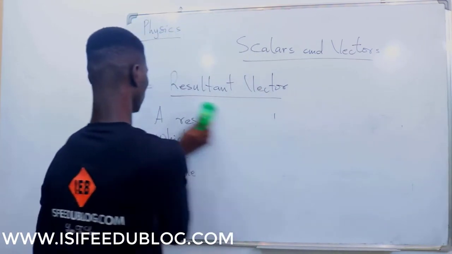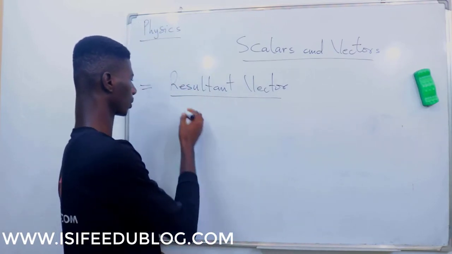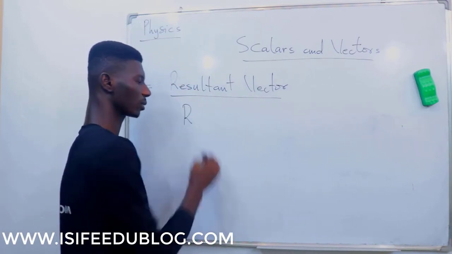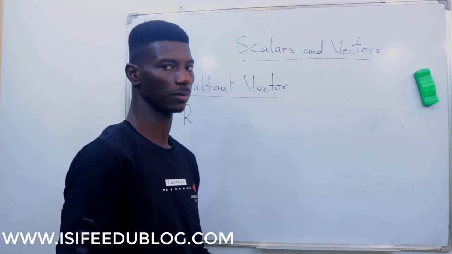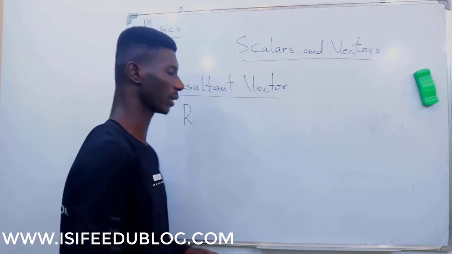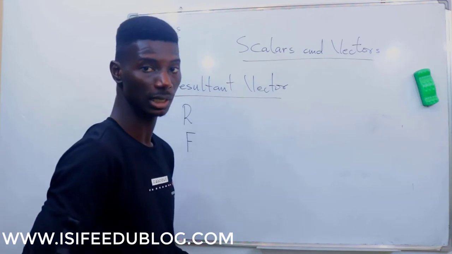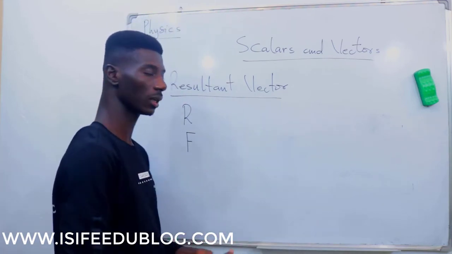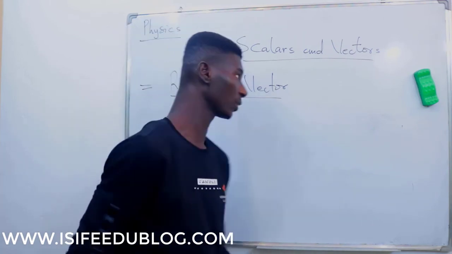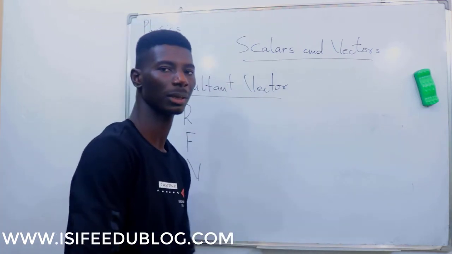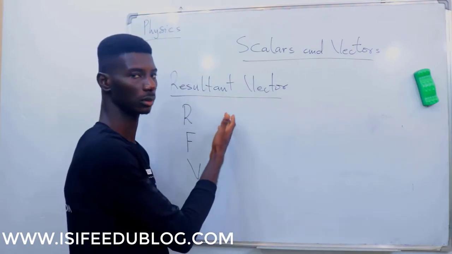First of all, at this level, we normally use capital R to denote the resultant vector. But it depends on the type of vector, because if it is force, you can use capital F to denote the resultant vector. If it is velocity, you can use capital V. So it depends on the type of vector you are referring to. But if we are just talking about vector in general, without specifying the type, you use capital R.